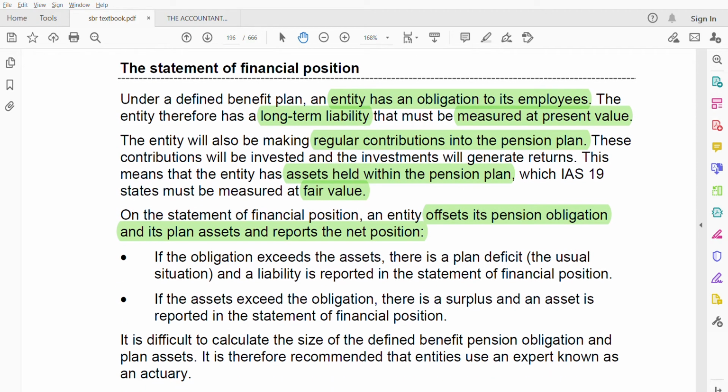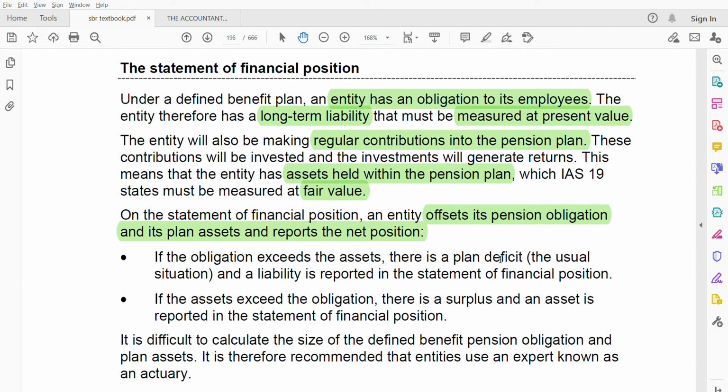When do these two things happen? If the obligation exceeds the asset, because it is obligation minus the asset, there is a plan deficit.